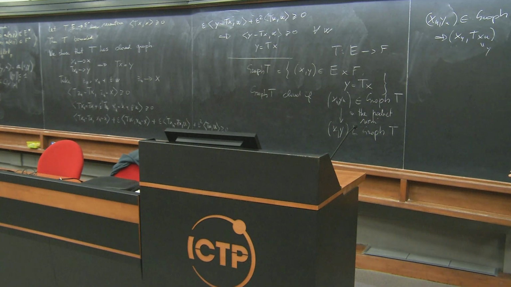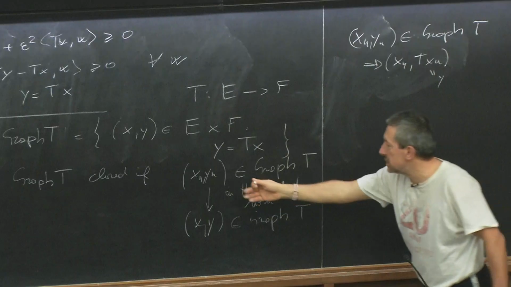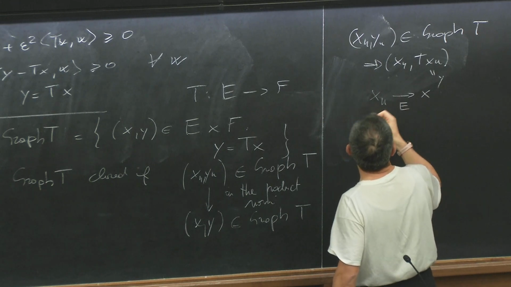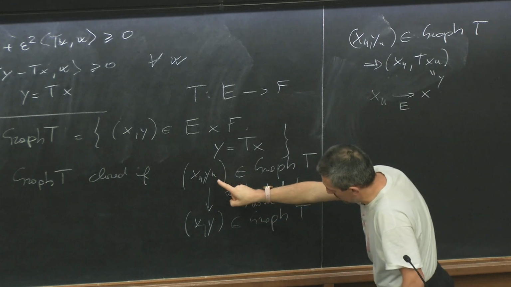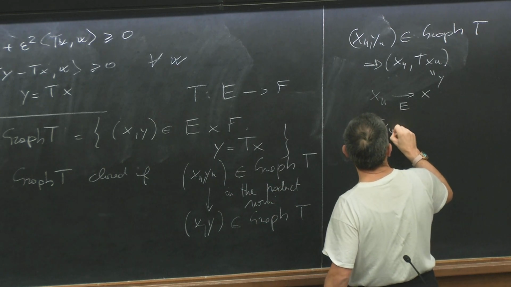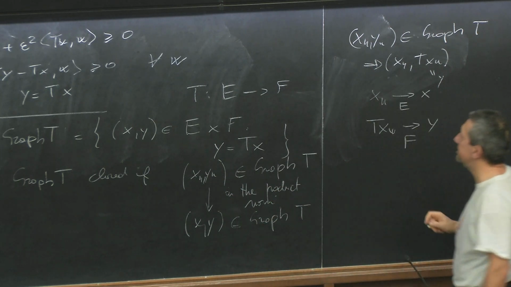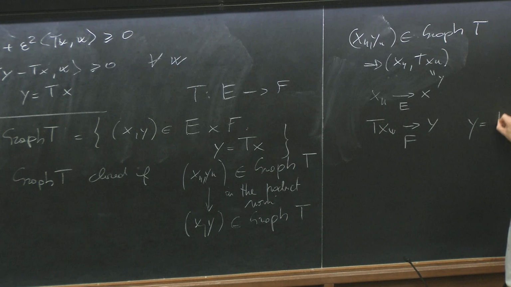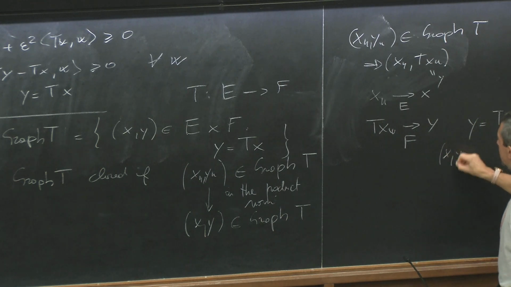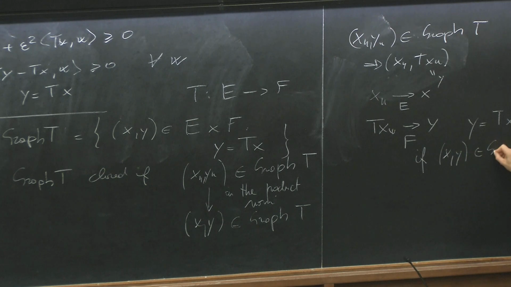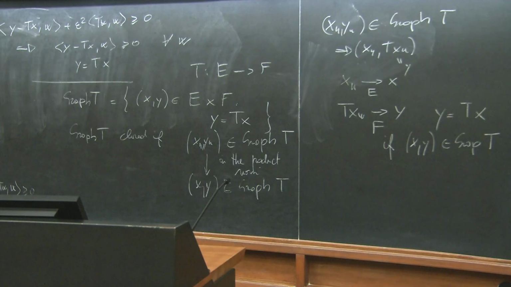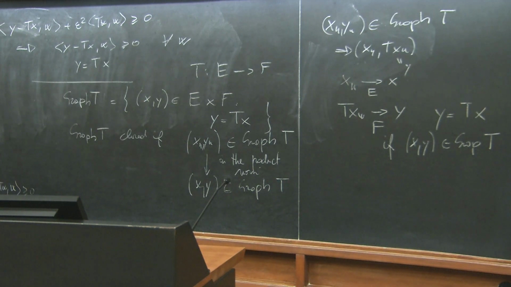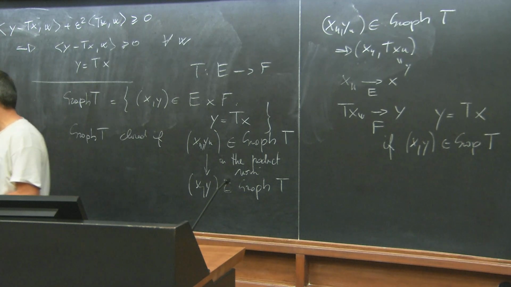Now the convergence means that xn converges to x in E, in the norm of E, and yn converges, the product norm, which means txn converges to y in F. And the closure is that being in the graph, y should be equal to T of x if xy is in the graph. So it's the statement over here. Okay? Yes, thank you. Welcome.